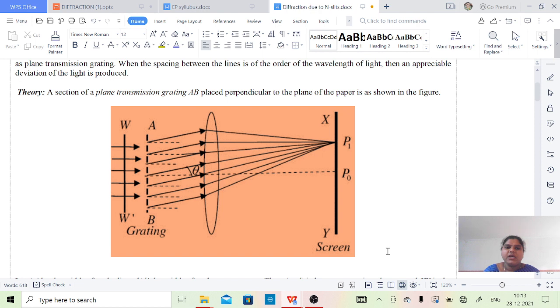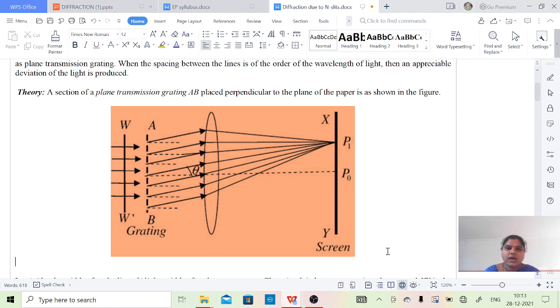Okay, let us see the theory behind this. A section of plane transmission grating AB is placed perpendicular to the plane of paper as shown in the figure. W' is a wavefront, AB indicates the slits, XY is a screen, and the deviation angle is theta. P0 is a maximum intensity and P1 is a minimum intensity.